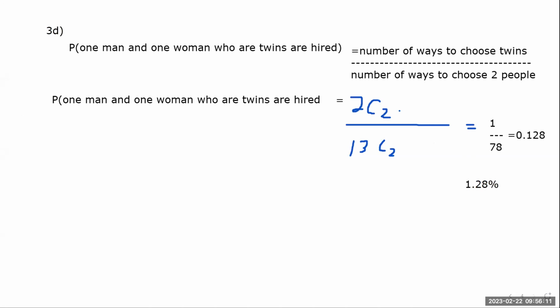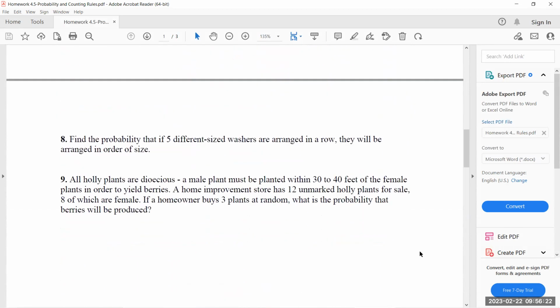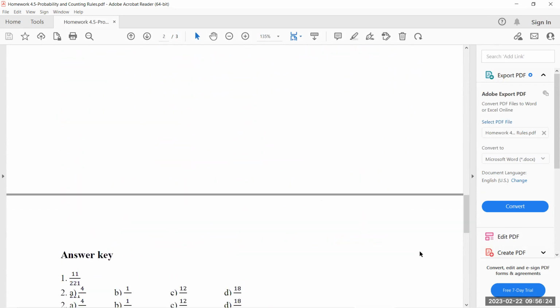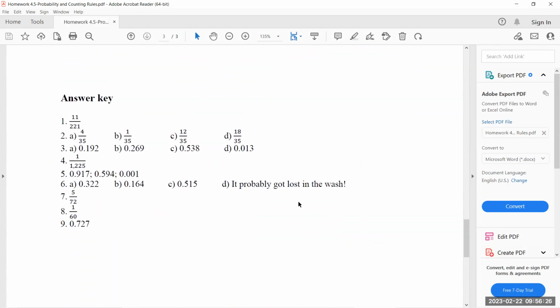We're going to go back to our homework, and we're looking at this one, 0.192, 0.269, 0.538. This is 0.013. Obviously, she rounded here to 3 places instead of 4.